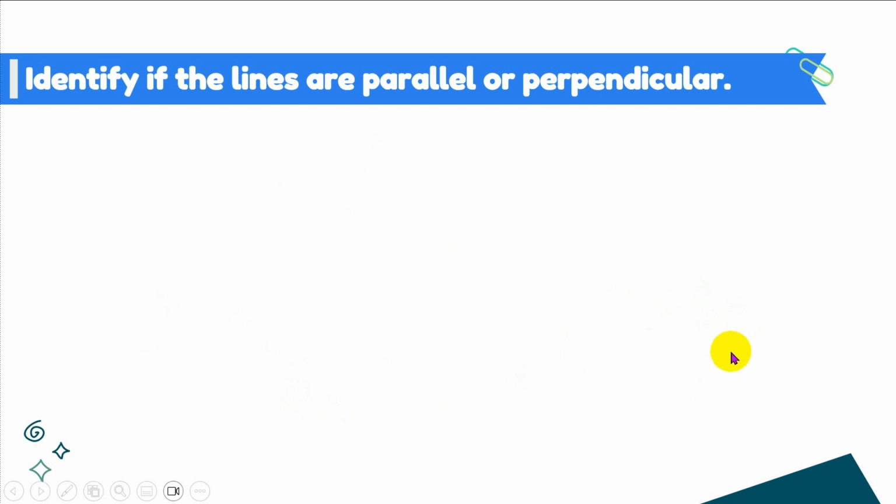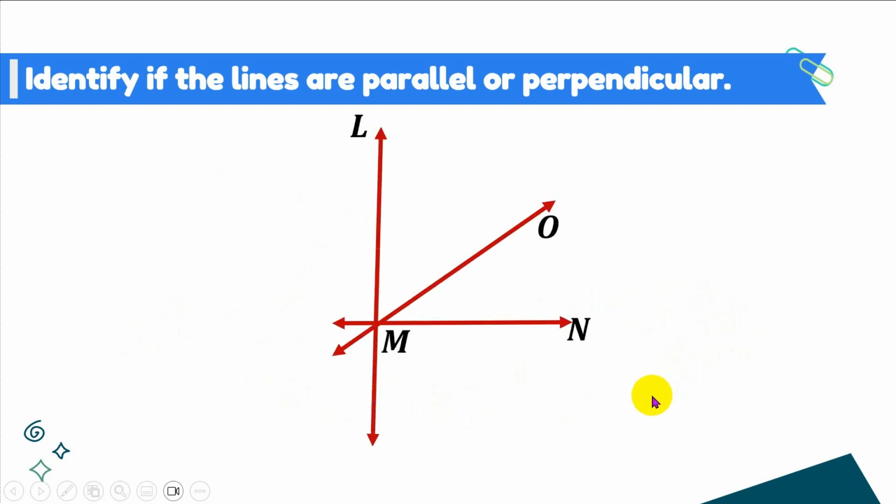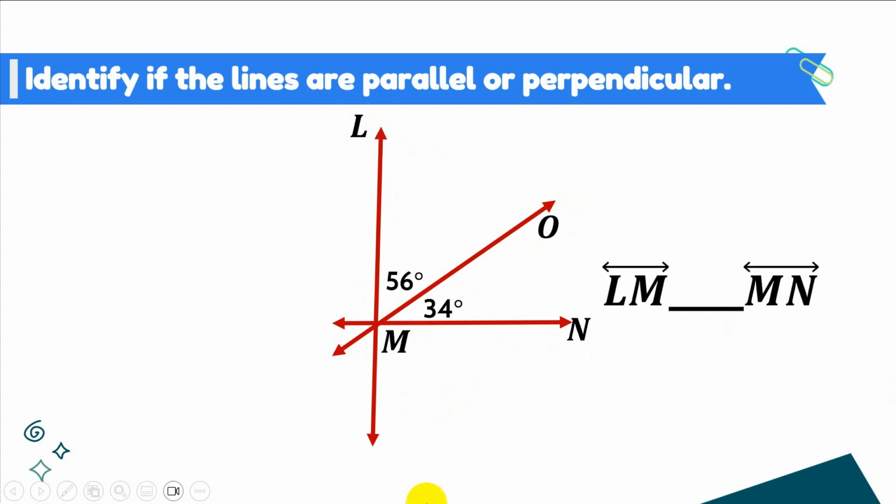Another one. So, let us have this line. Okay, line LM, line MO, line MN. So if this angle LMO is 56 and angle OMN is 34, what can we conclude about line LM and line MN?